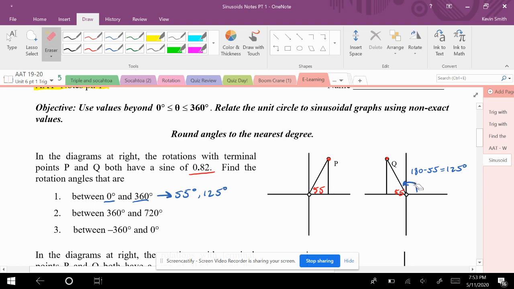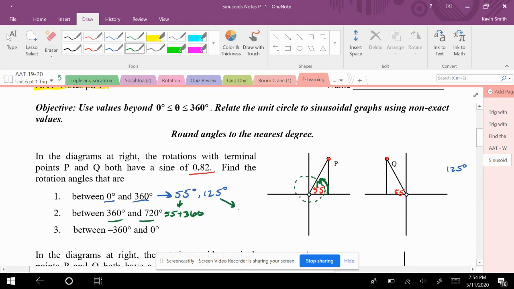Now, let's say we wanted to go between 360 and 720. So that means we went right here, and then we kept going all the way around the circle back here. So basically, we're taking this number, 55, and adding 360 to it.